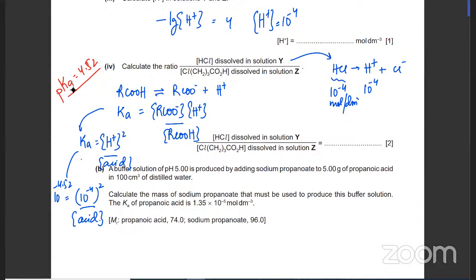Why is pK being equated to the products over reactants? Ka is H plus 1 squared divided by the acid concentration. For any weak acid, every weak acid is described by its K expression.